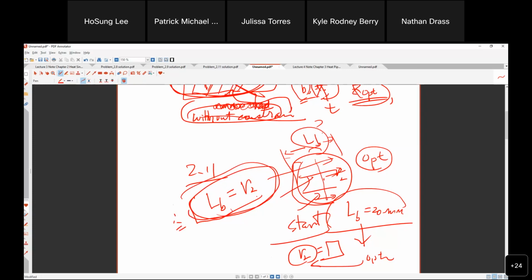We don't know R2, but we have to start. So start with double R1? R1 was 10 millimeters, so you doubled it, and now it's 20. That's your assumption. As long as you assume, fine. You can start.